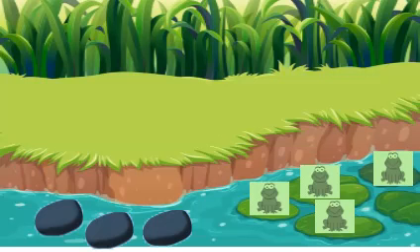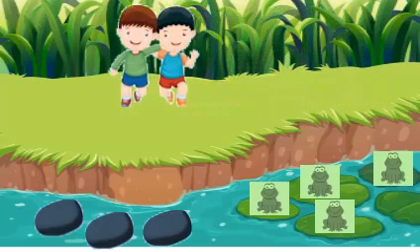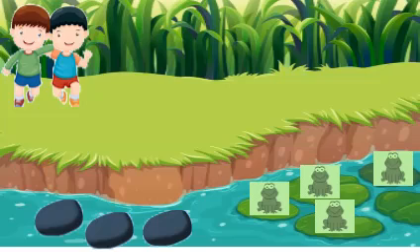One day, Ravi and Raju went near a pond. They saw few frogs sitting on the leaves in the pond. Suddenly, some more frogs came there and jumped into the pond. Ravi and Raju were excited to see these frogs.